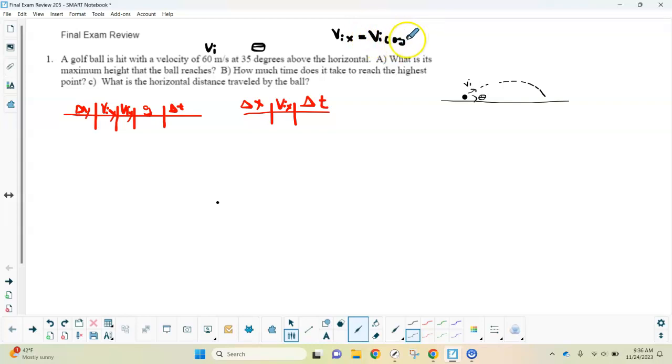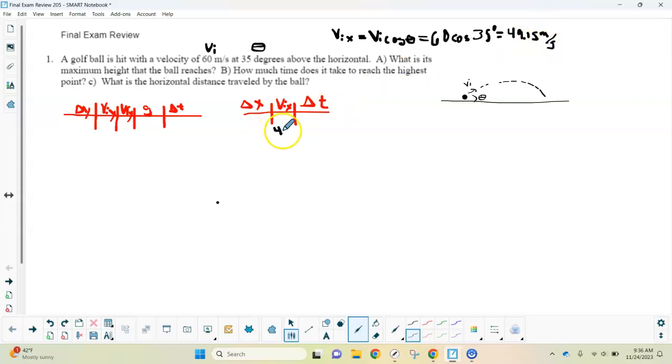So when you plug into that, it's going to look like 60 times the cosine of 35 degrees. And when I put that in my calculator, I got like 49.15. And again, that's the x direction, that's meters per second. That's the x direction, so that's going to go right here.